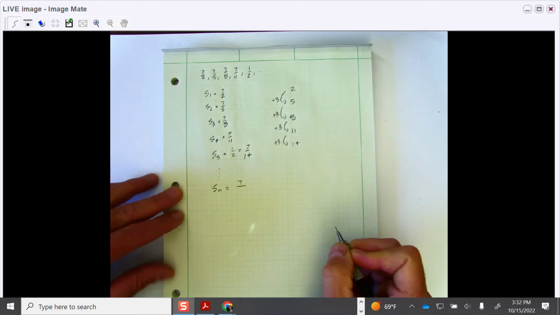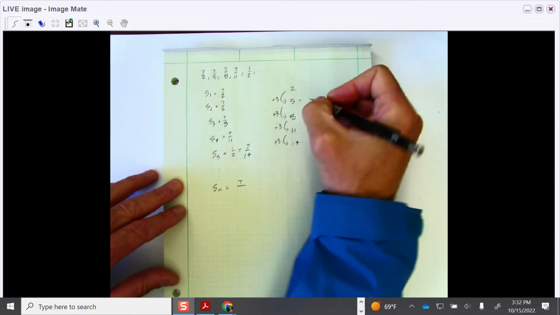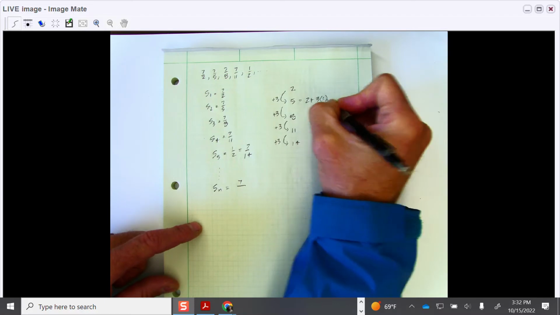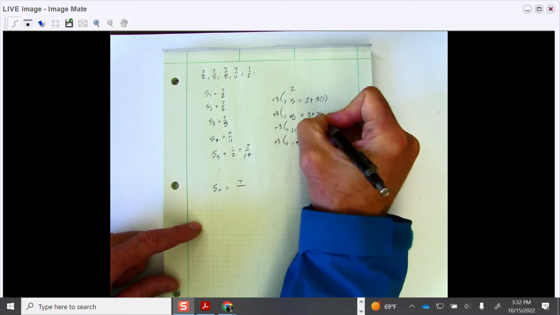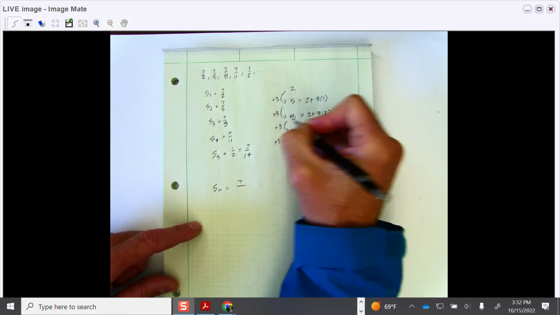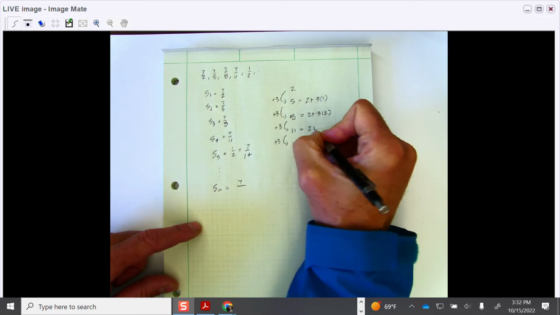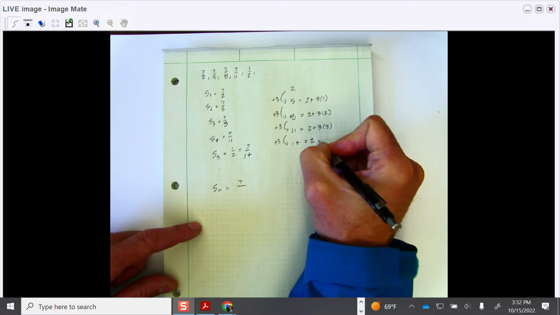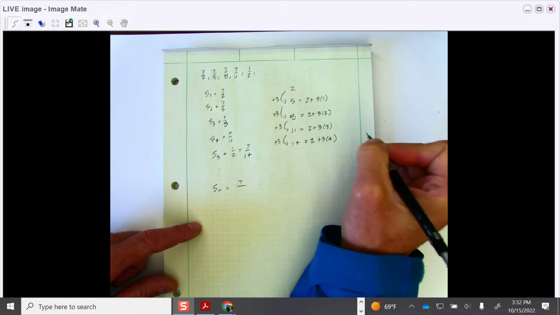So these are all increasing by 3, which means that 5 can be written as 2 plus 3 once. 8 can be written as 2 plus 3 twice, 1, 2. 11 can be written as 2 plus 3 3 times. And 14 can be written as 2 plus 3 4 times.